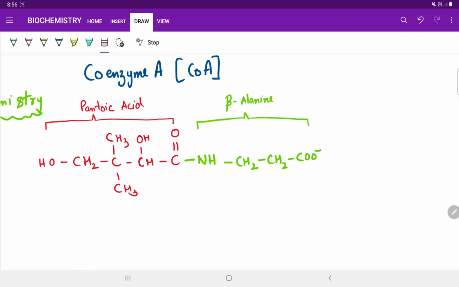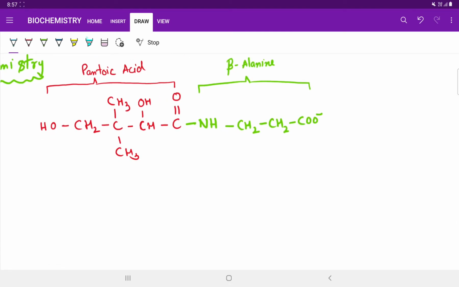Now how is coenzyme A formed? Just see. The formation occurs in a series of reactions. The pantothenate is first phosphorylated, to which cysteine is added further. So first of all, the phosphorylation occurs at this position. We can start from here, the OH will be here, and at this position the phosphorylation will occur.